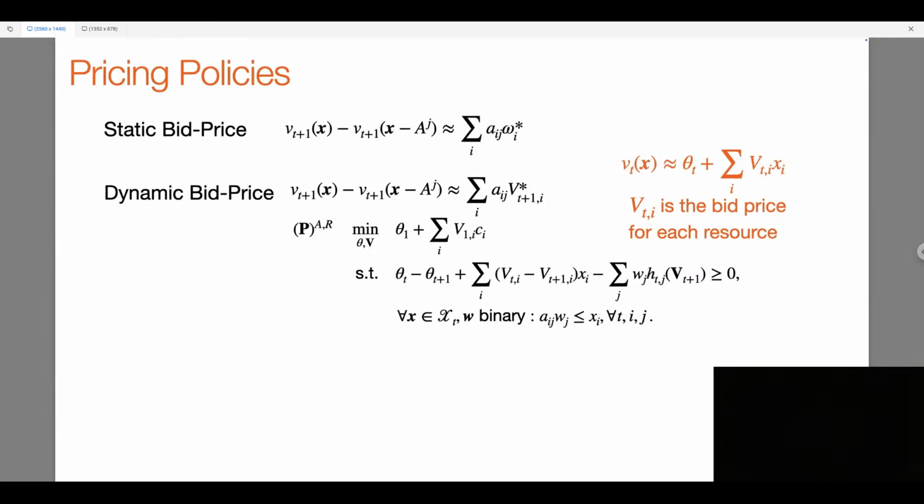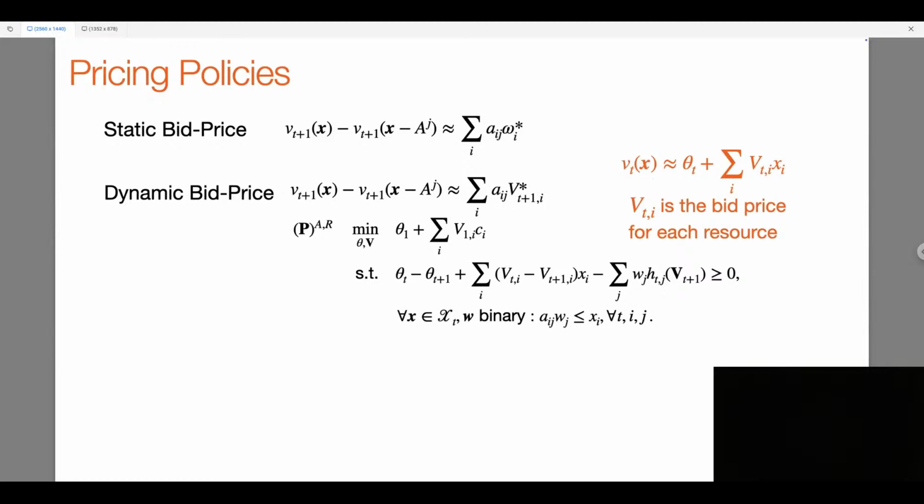And why we use this capital V to denote the buy price, we can see from this affine approximation formulation.